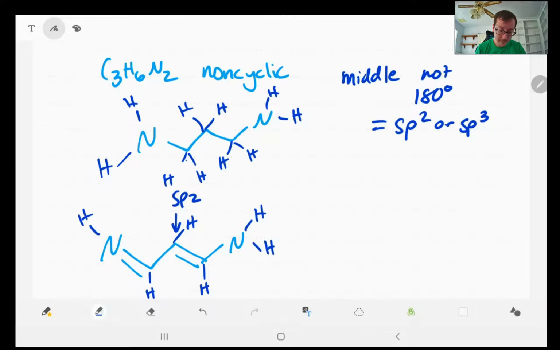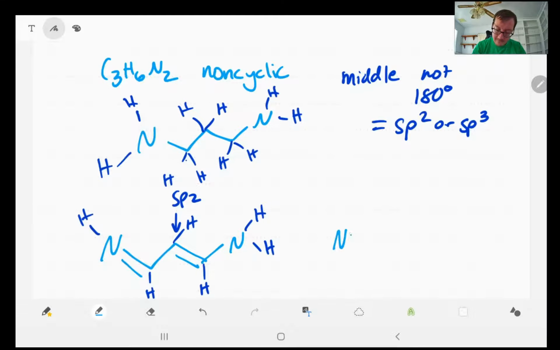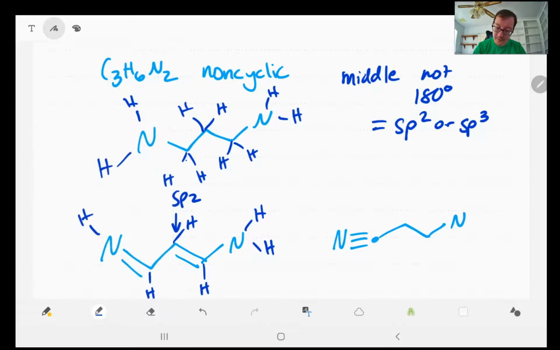We could alternatively do it another way. One, two, three carbons. We could have a triple bond to nitrogen with this carbon right here. That means this carbon now in the middle is sp3, which we are totally allowed to do.